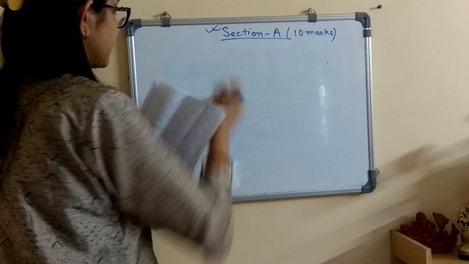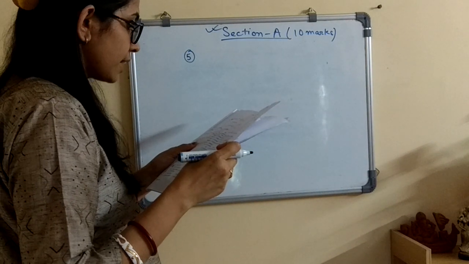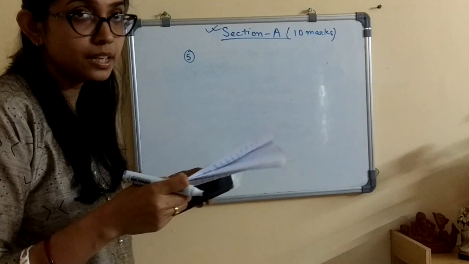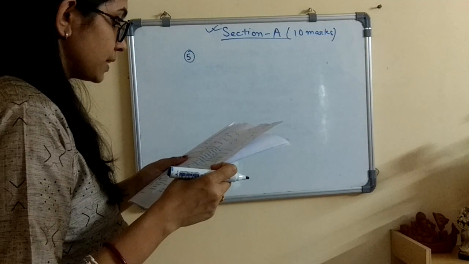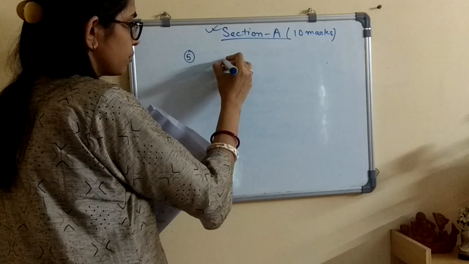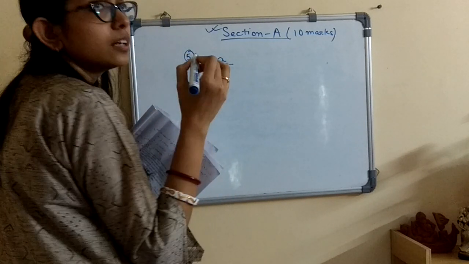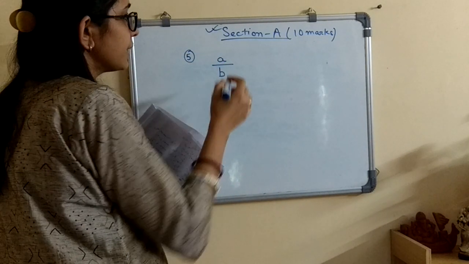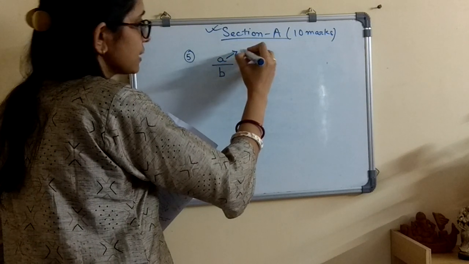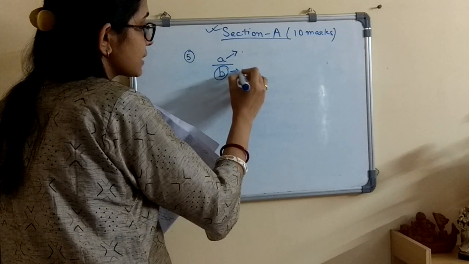The fifth question. Question number 5. What is given? Let A, B, Q be 3 positive integers such that division of A by B gives A equals BQ plus R, where R is an integer. This is a direct question. Whenever we divide a dividend by a divisor, the numerator is known as the dividend, and the denominator is known as the divisor.